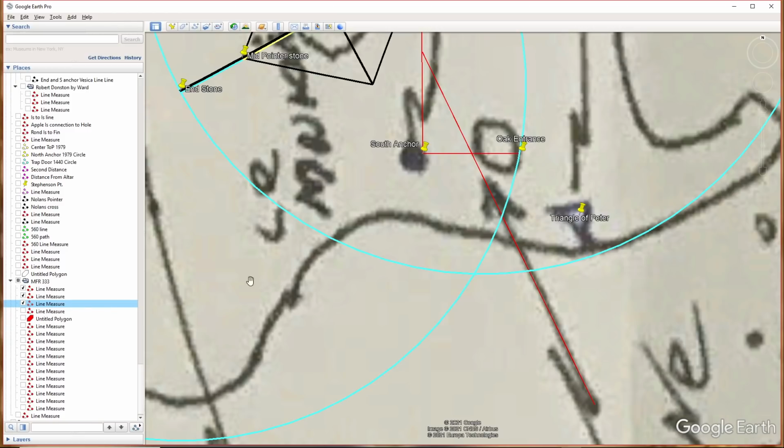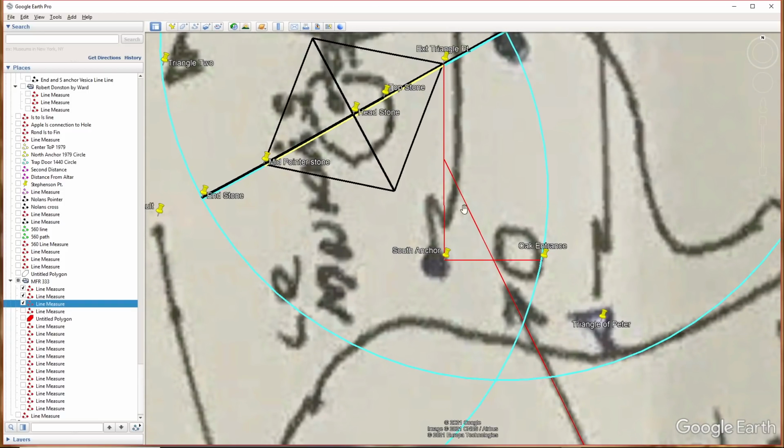So basically at that point, we understand that this right here is a north-south line. We're going to understand this as a directly east-west line, and that will become clear in the next line, which is through the triangle of Peter, which we had already established on the other with the compass rose.